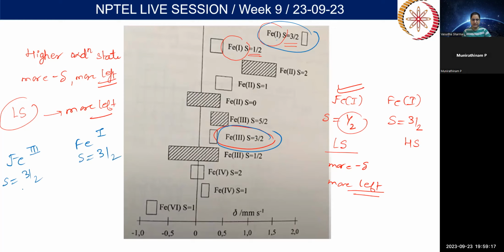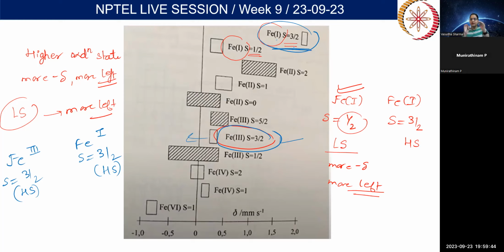So both are high spin only. So spin is constant. Now oxidation state is changed. Which one is going to have more negative delta value and more towards left side? More oxidation state goes to negative side. So you can see from here also, iron in +3, S 3/2 is more towards left side compared to the iron in +1, S equals to 3/2.